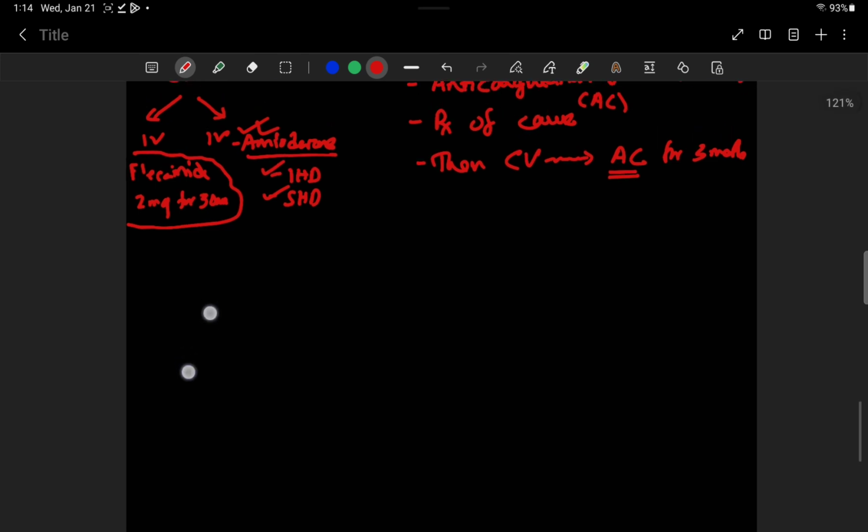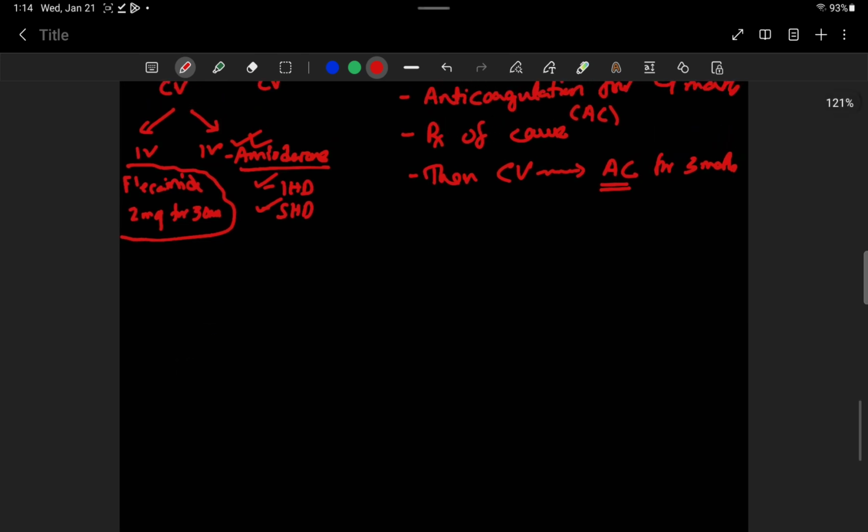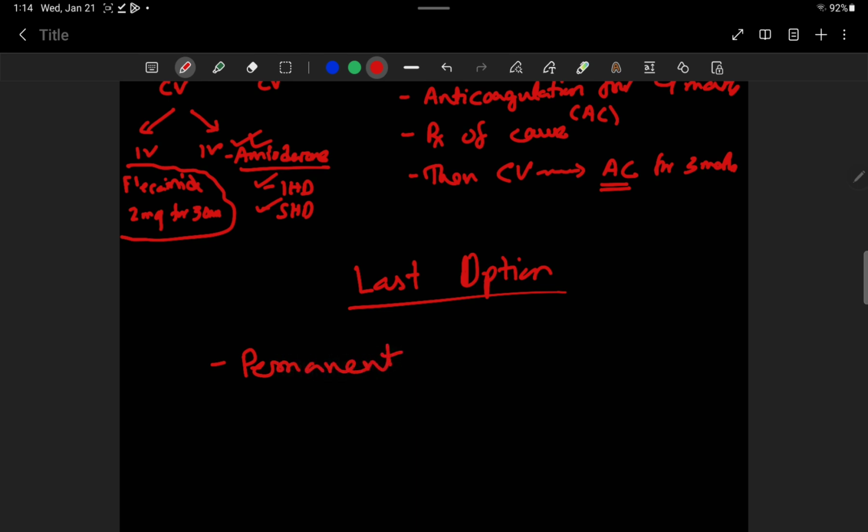So up to now I have mentioned how we can treat this important condition, but there is the last option. If you have failed with rhythm and rate control, there is a permanent option of giving a pacemaker.